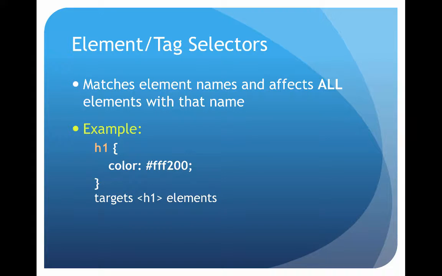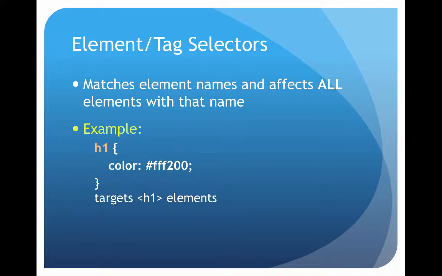The first is our element or tag selector. This is the most simple to use and the broadest to use, and this is why semantic markup came into play in HTML.